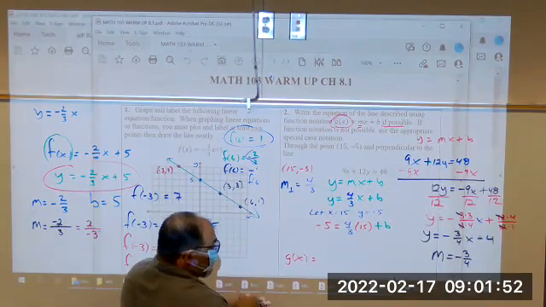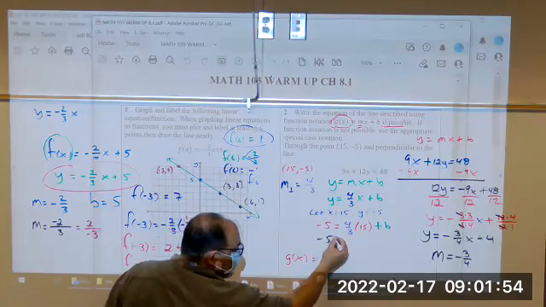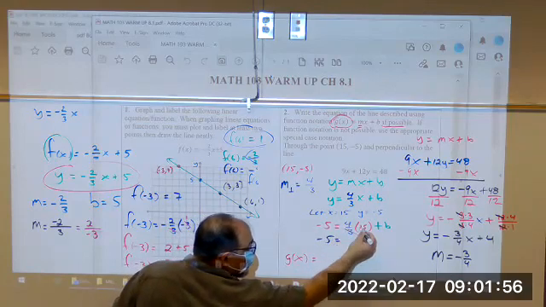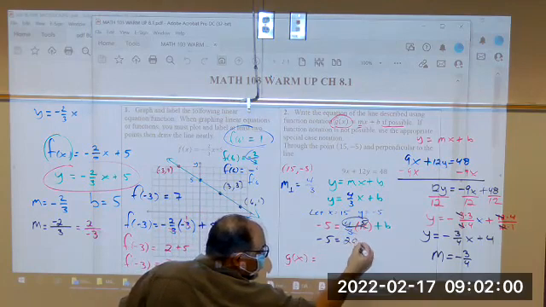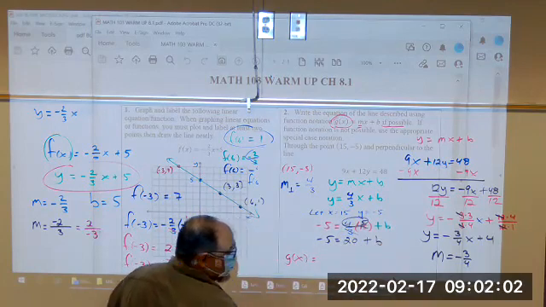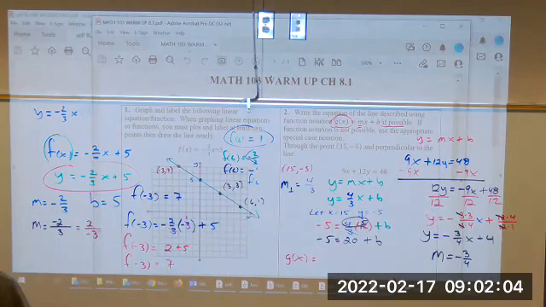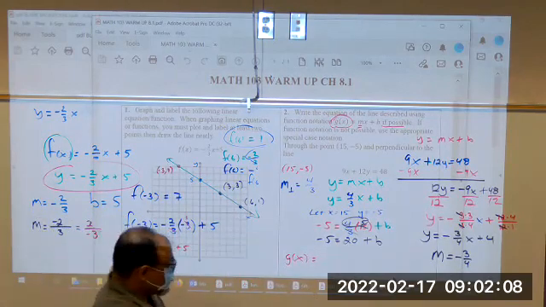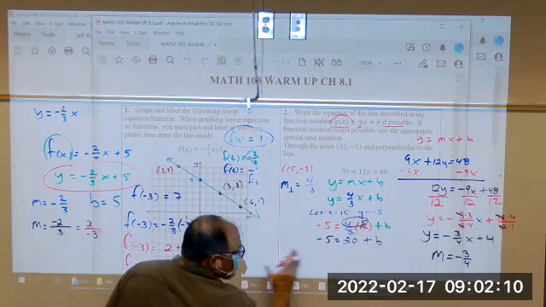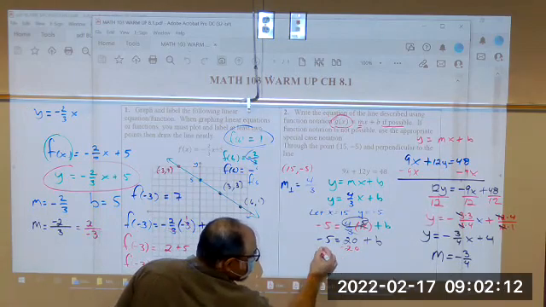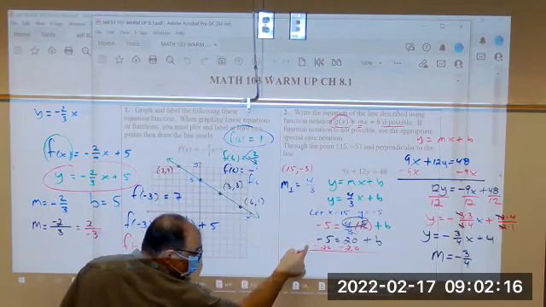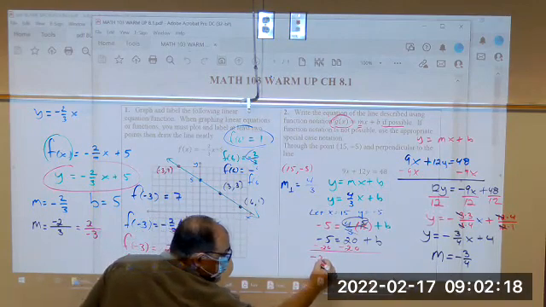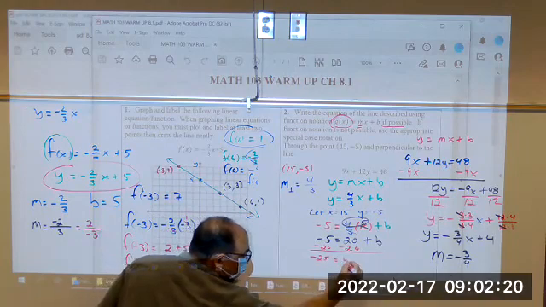Look how this simplifies. -5. 3 goes into 15 5 times. 4 times 5 is 20. Plus b. And then to solve for the b, subtract 20. -5 take away 20 is -25, and that's the y-intercept.